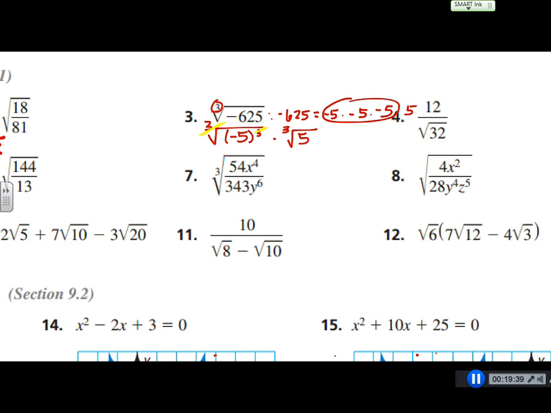So I can cancel these out and say what's left over: negative 5 cubed root of 5. It's a cubed root, so I'm taking a pair of 3 this time. The root goes away, the -5 stays, and the cubed root stays.